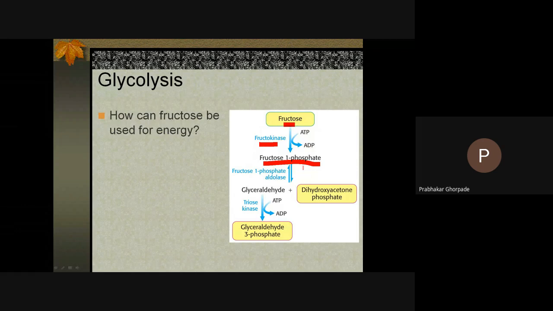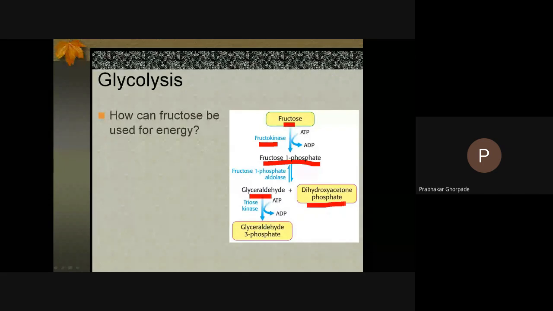Now fructose 1-phosphate is converted with the help of fructose 1-phosphate aldolase into glyceraldehyde and dihydroxyacetone phosphate. Glyceraldehyde with triose kinase is converted into glyceraldehyde 3-phosphate. That is how glyceraldehyde 3-phosphate is formed.